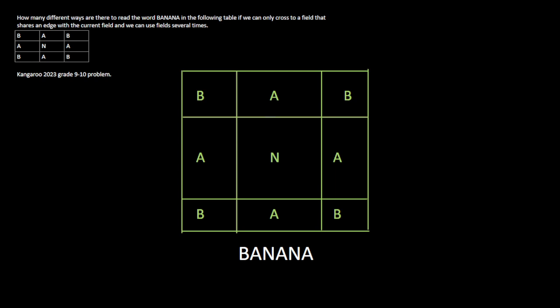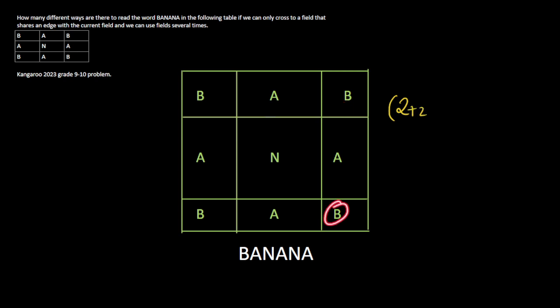So for example, this B can go to the N like this, goes to this A, goes to that, or it can go like this, goes to this A, goes like that. So that B has two possibilities. Similarly, this B can only go to the N either from here to here or from here to here. So that's another two possibilities.